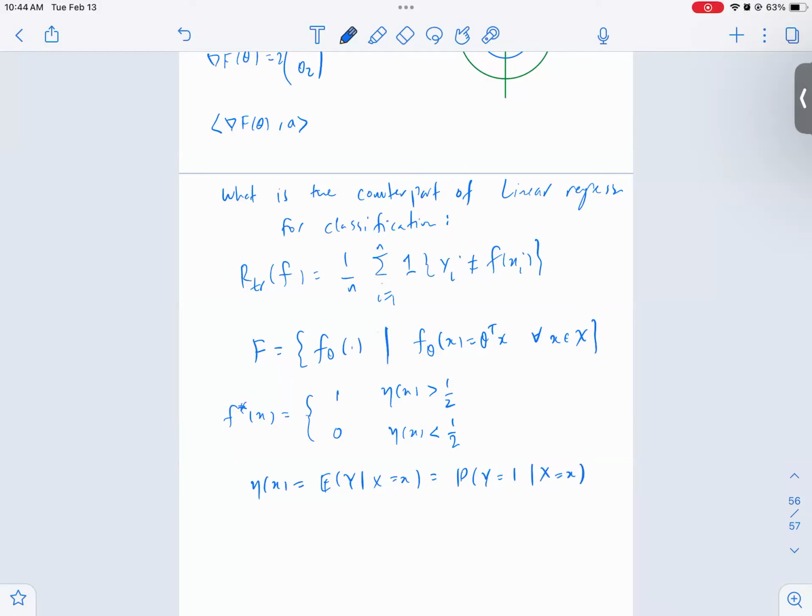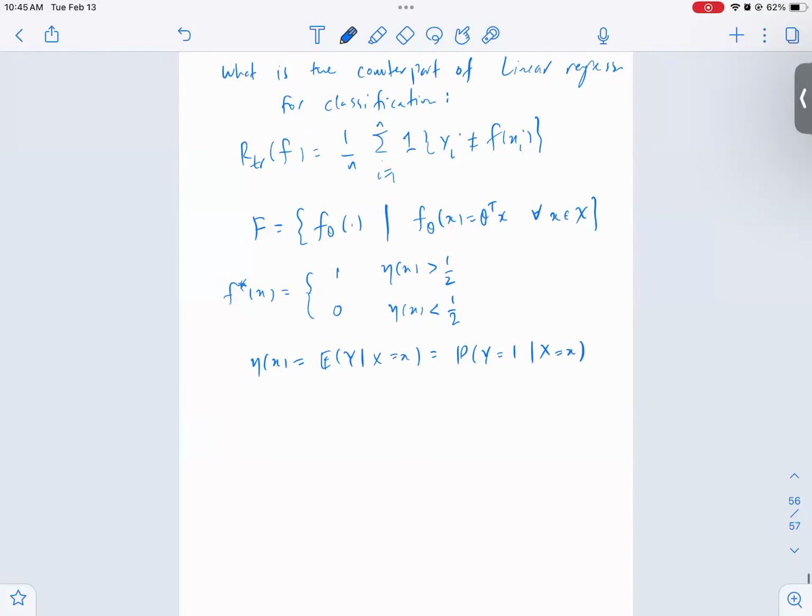So at least this is not discrete, right? But there's also a problem. Can you say eta of x is of the form theta transpose x, like the way we did in the regression case? Is that doable? Is it reasonable?